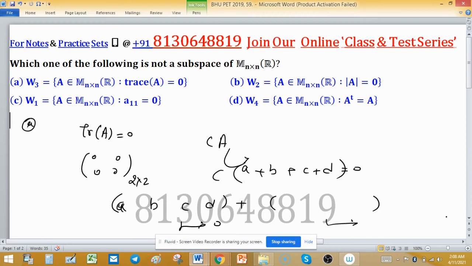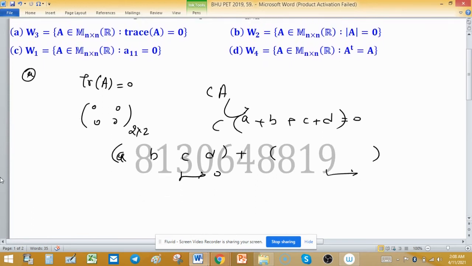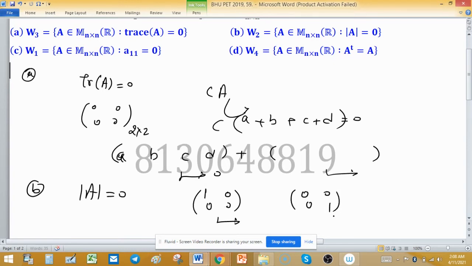Now come to option B. What is option B? In option B, the determinant of A is 0. So the 0 matrix is there, no problem. If we take two elements (1,0;0,0), the determinant of this one is 0, and the determinant of (0,0;0,1) is also 0, but their sum is the identity matrix of order 2, and the determinant of this matrix is not 0.